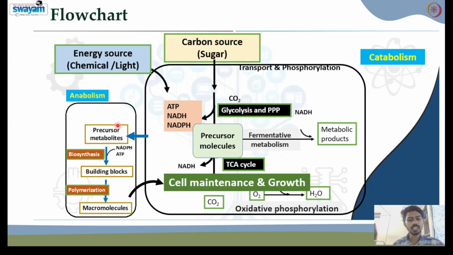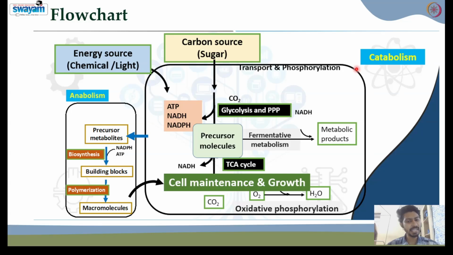And if we see the flow chart of the catabolism and anabolism concept, as we will be seeing more in the upcoming slides, in simple terms, catabolism is nothing but breaking down an oxidizable substrate, for example, sugar, for gaining ATP, the energy molecule. So catabolism is nothing but breaking down of the substrate for gaining energy.